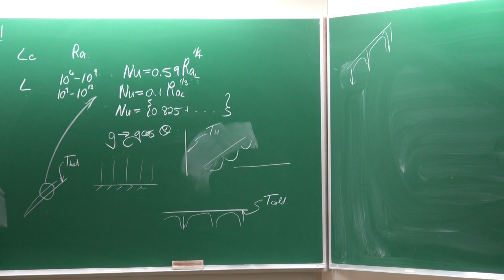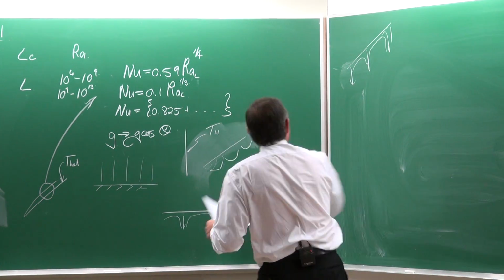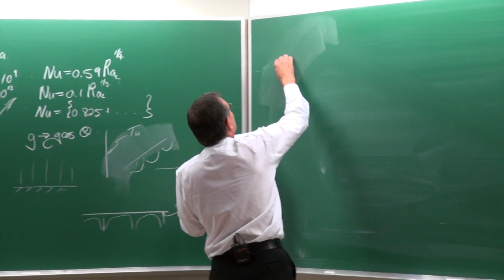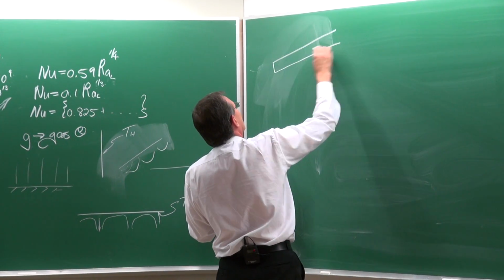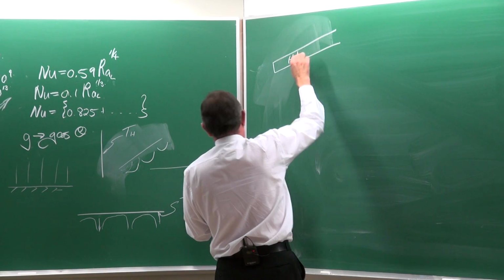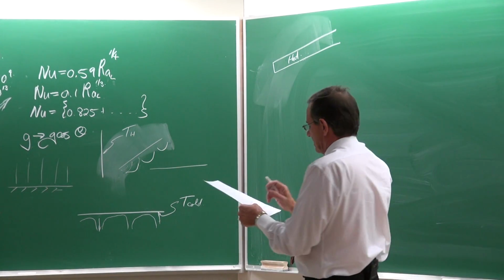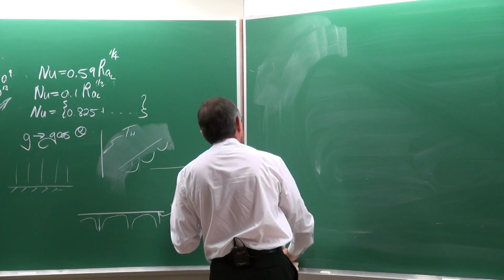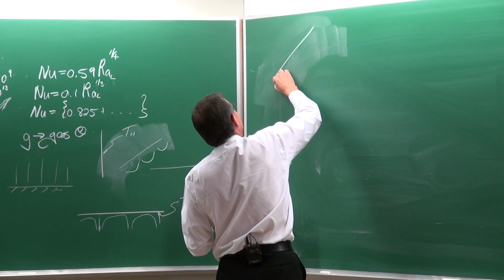Okay. So in general, I'm going to draw it like this. So you can have, for example, a hot plate. Let me just increase the angle a little bit, like that.